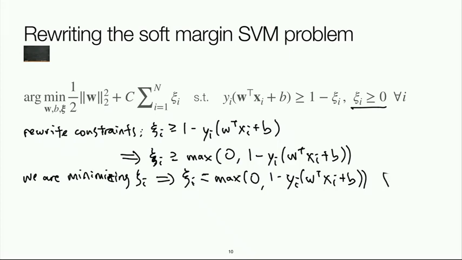This is true for all i, right? All of my xi's are going to be equal to the max between these two things: 0, or how wrong I was about data point i. That's basically what this is saying, right? So now, actually, I have figured out what this xi needs to be in my minimization problem.